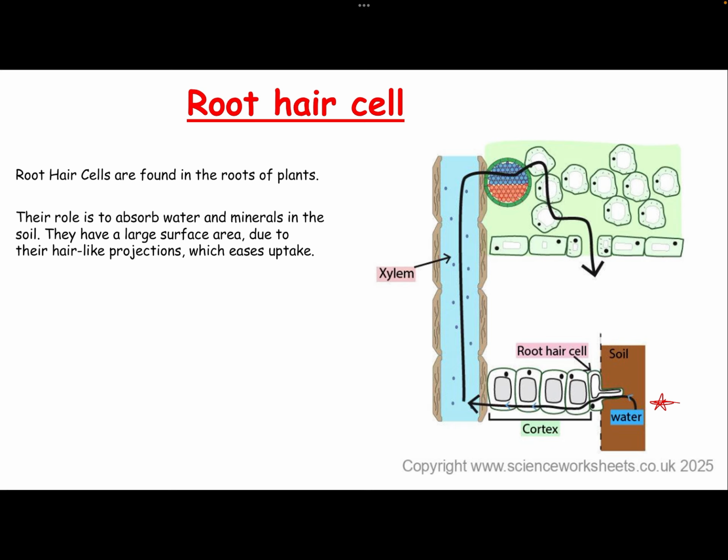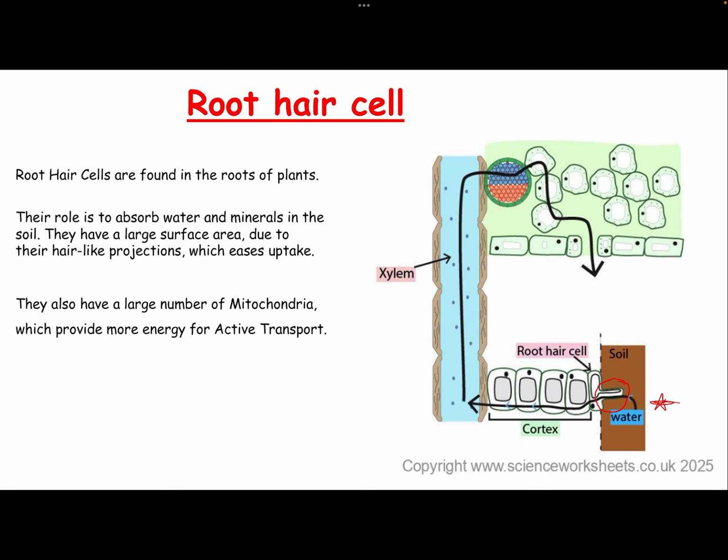They have a large surface area due to their hair-like projection, which is this part over here, which eases uptake, that is, makes it easier. They also have large number of mitochondria, which provide more energy for active transport.